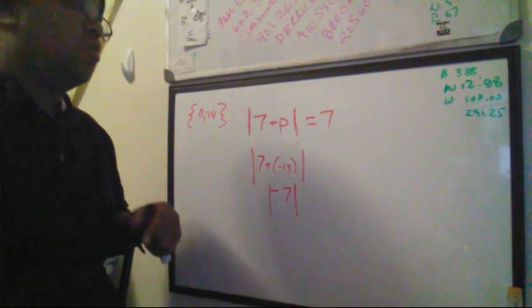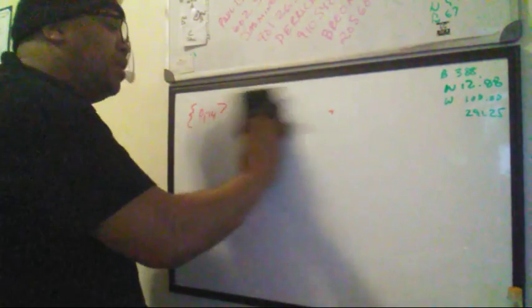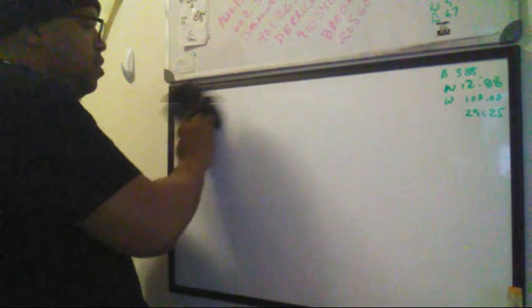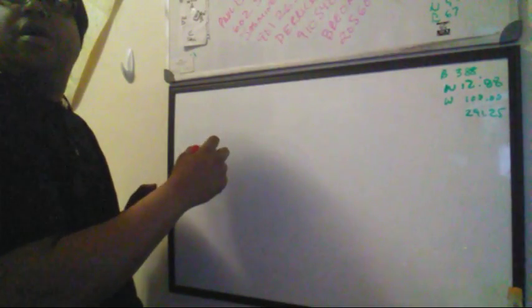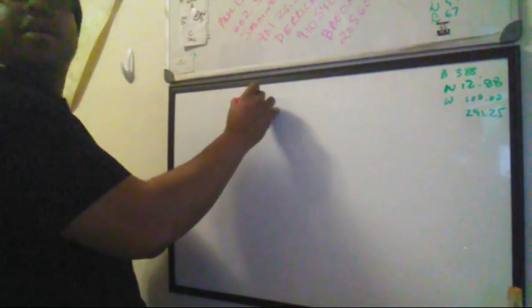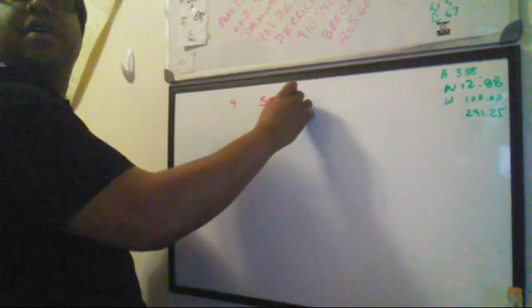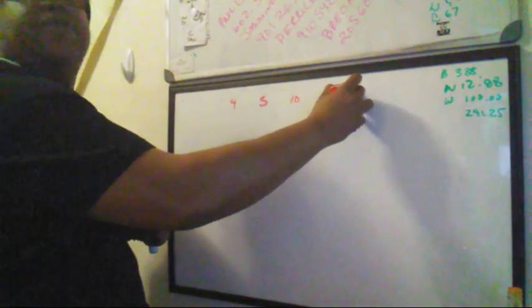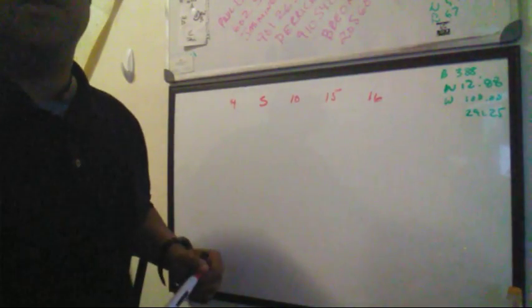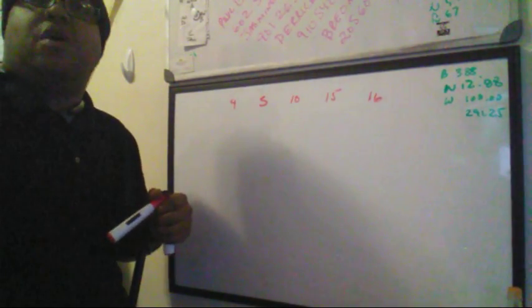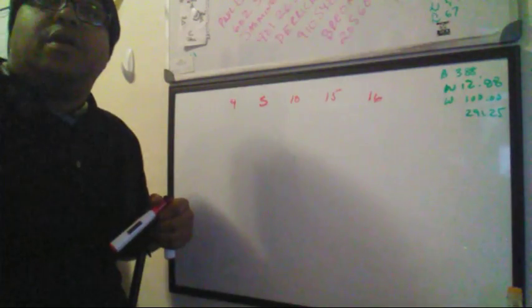All right, so line by line, we have to look at the details. This is a word problem. And the answers are 4, 5, 10, 15, or 16 lifeguards.